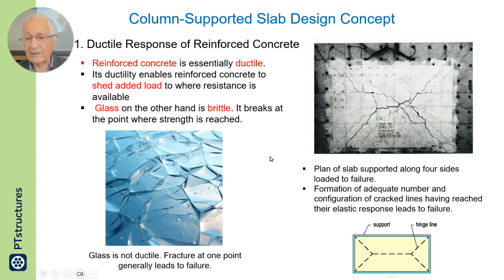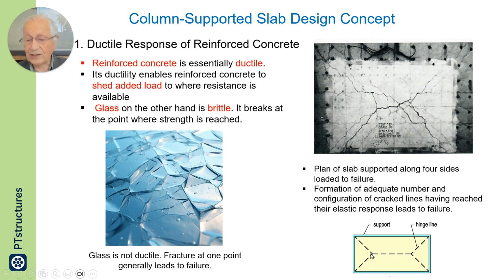Like in this diagram, when load is increased, it will be resisted by the locations in the slab where reinforcement provides adequate strength. So the failure in this case in the common construction is somewhat similar to the diagram shown at the bottom.